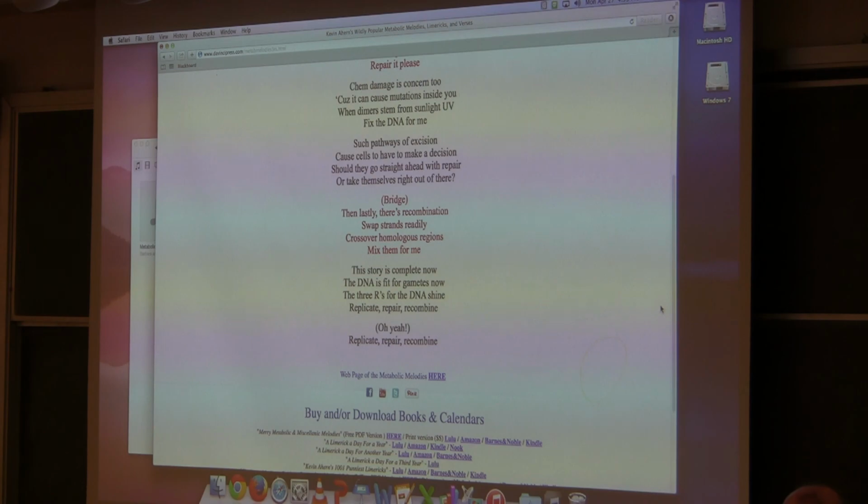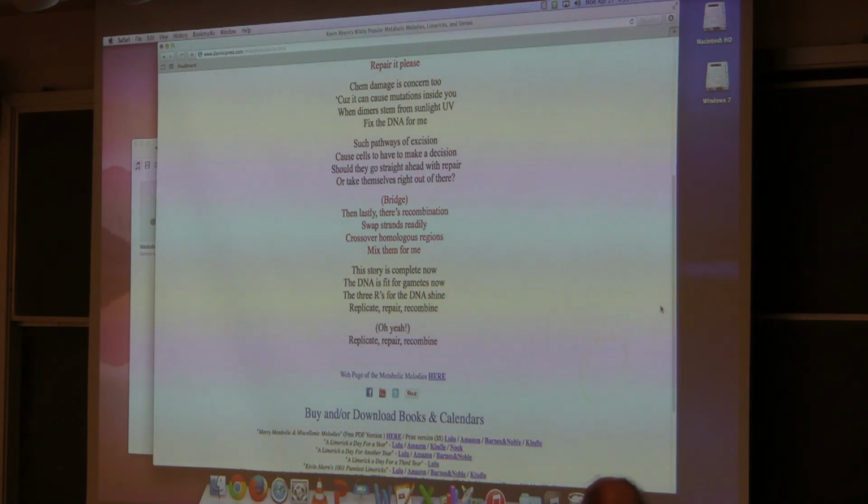Then lastly, there's recombination. Swap strands readily. Crossover molecules, regions. Mix them for me.